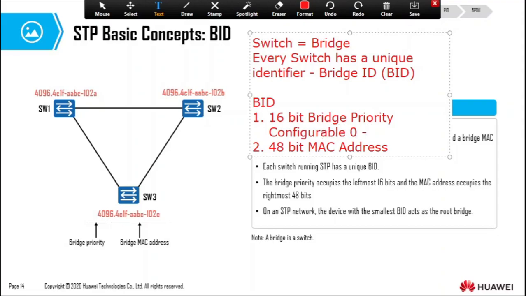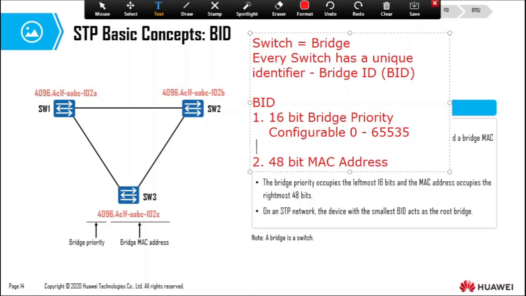It ranges from 0 to 65535. However, when you're configuring the bridge priority, you must configure it in multiples of 4096.